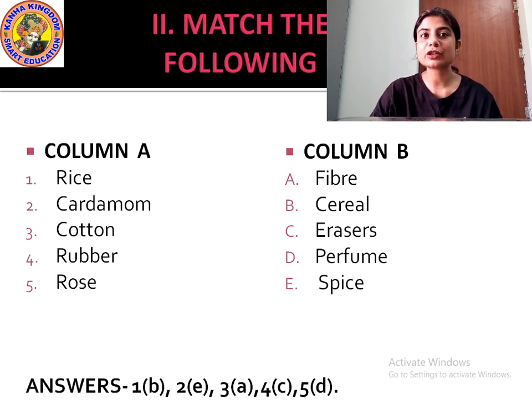Rubber is used to make eraser. That is 4C. Okay. Then the 5th one is rose. Rose is used to make perfume. So the answer of 5 is D. 5D. The answers are written below. You can see and you can match them. Okay.